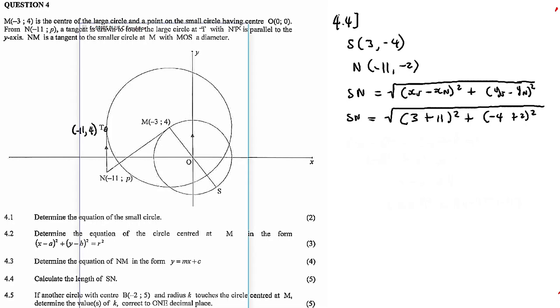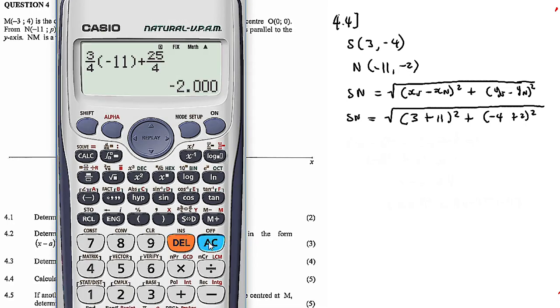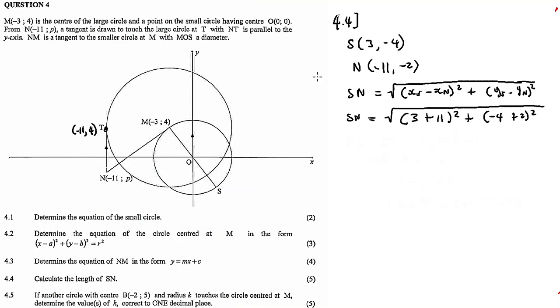Now let's calculate. 3 plus 11 squared plus minus 4 plus 2 squared, square root gives 10 square root 2 units. So this is the distance SN.